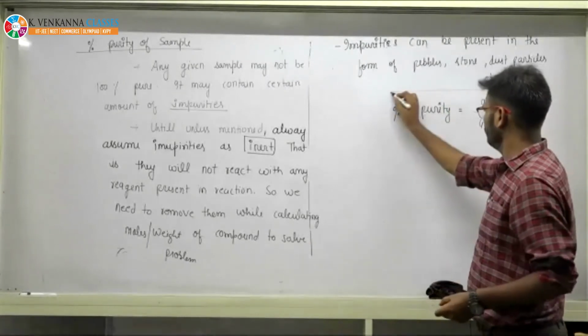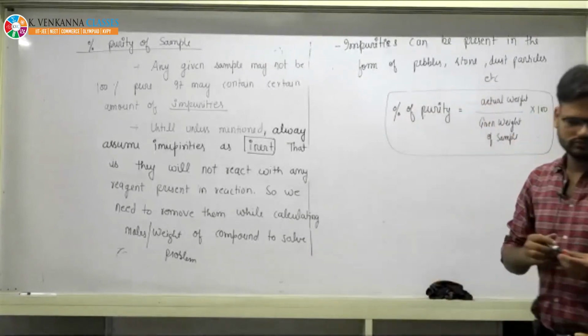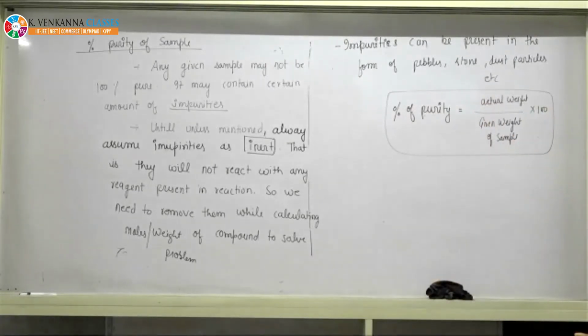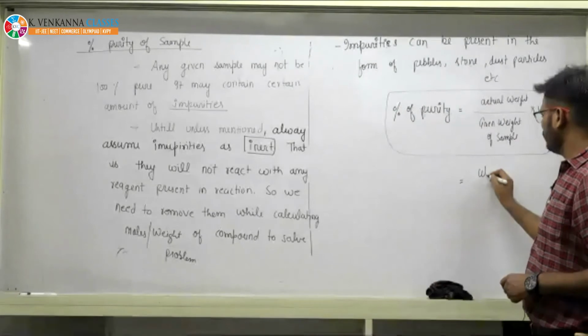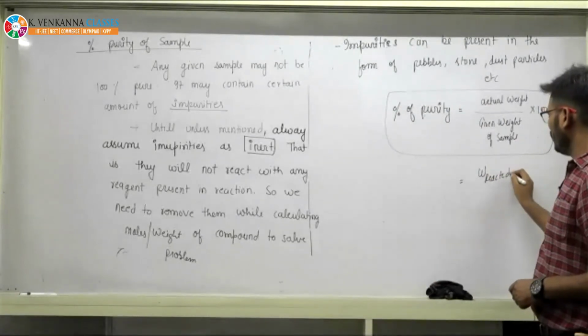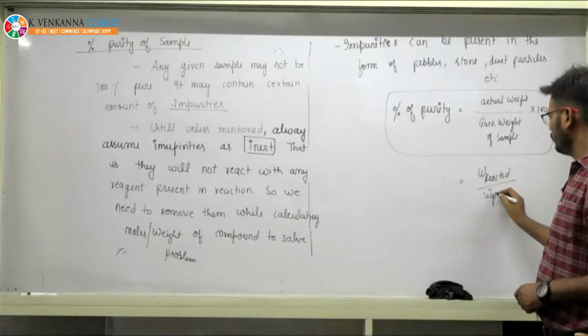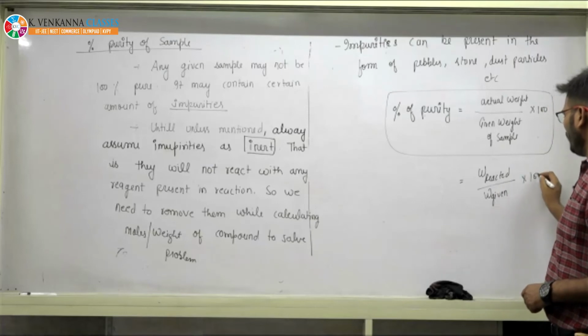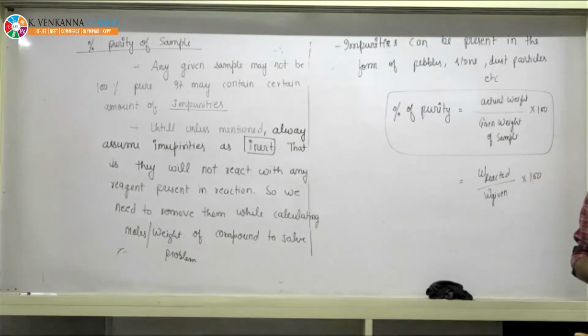That's it. You do not always need to apply the formula, it's very simple. Or you can write W reacted upon W given, because the total given amount is not going to react, as it contains some amount of impurity.